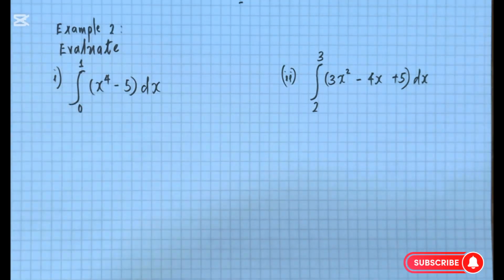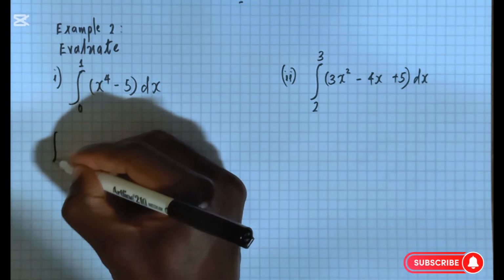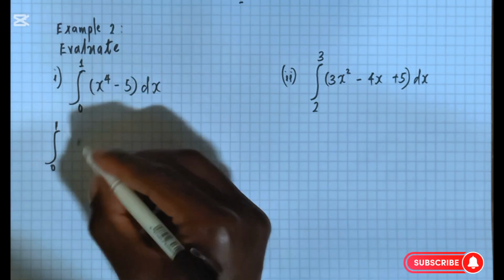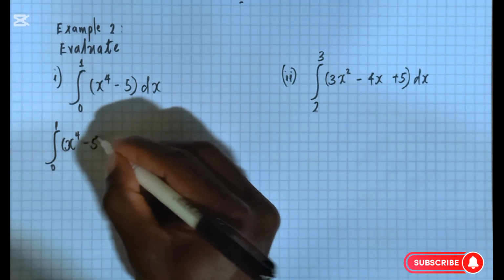So we are going to solve the first problem, and note this here is a definite integration problem, and so we're going to handle it differently from how we've been handling the other problems involving indefinite integrals.